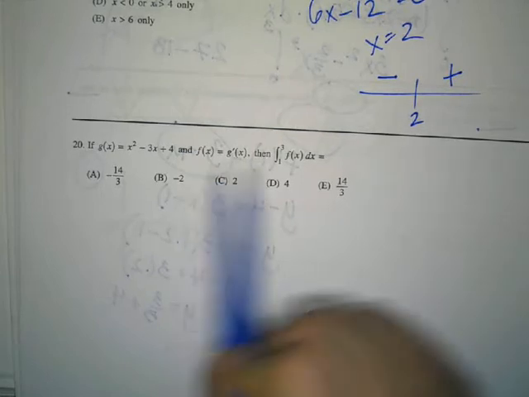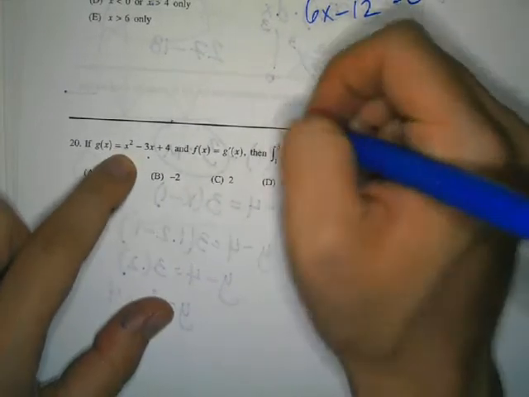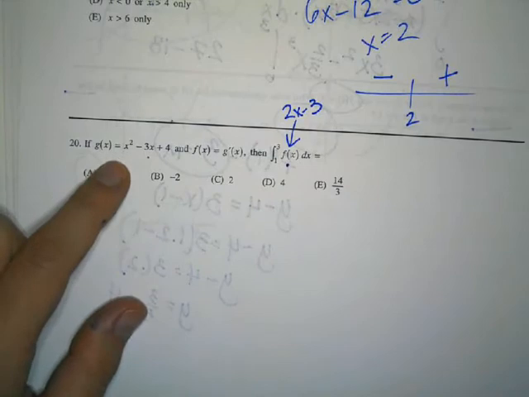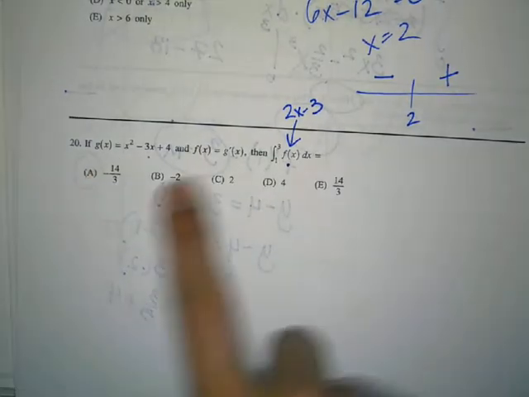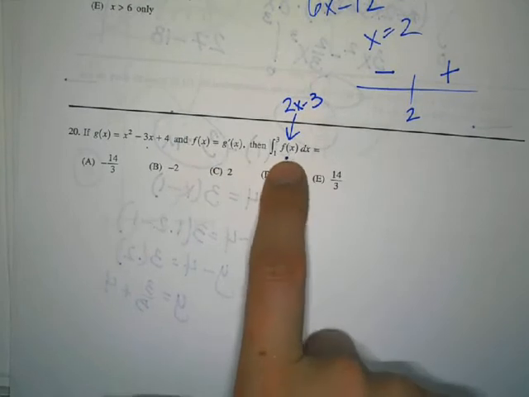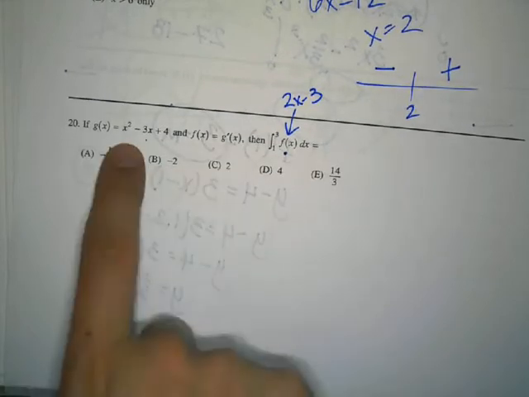If this represents the derivative of that, which the derivative would be 2x minus 3, right? f of x is the derivative of g of x. In order to solve that, we'd have to integrate, and we'd plug in 1 to 3, right? Yep.